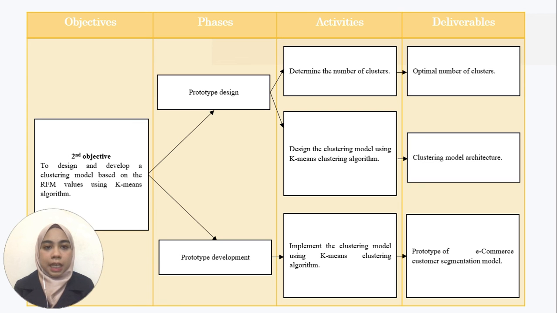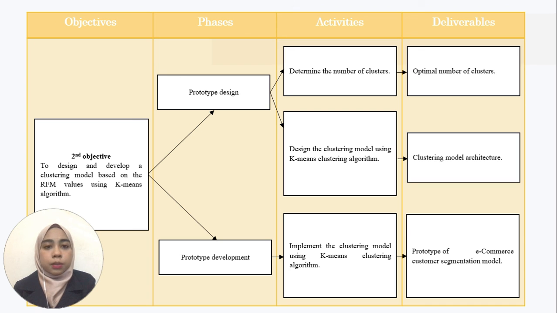To meet the second objective, 2 phases are involved, which are prototype design and prototype development. In prototype design phase, the activities involved are to determine the number of clusters K and to design the clustering model using K-means clustering algorithm.